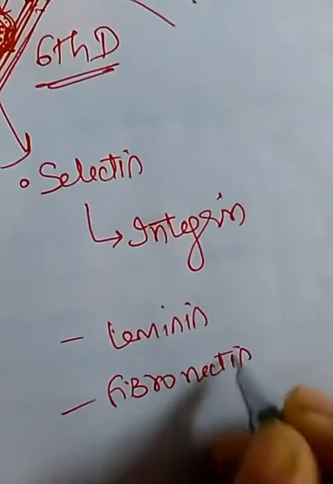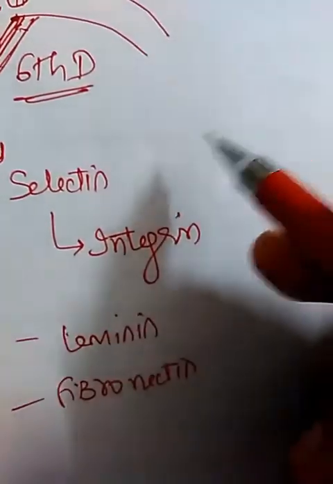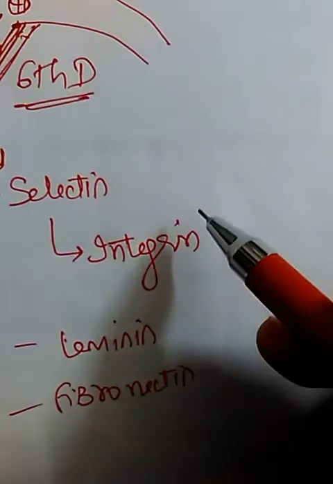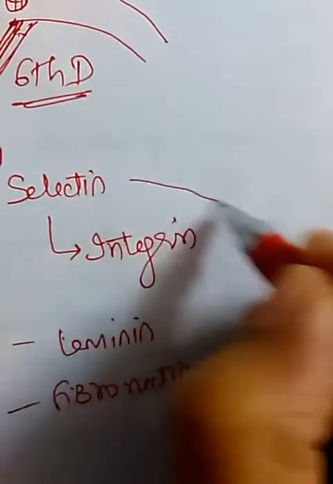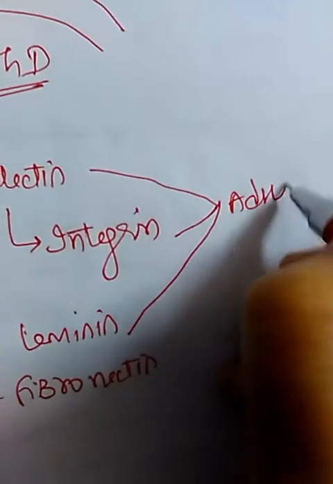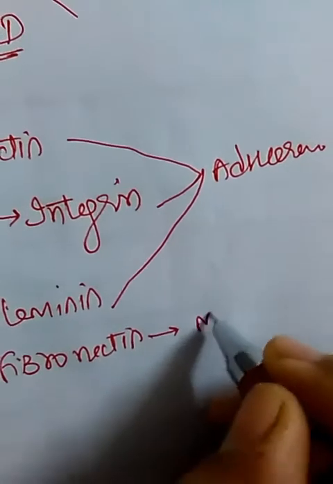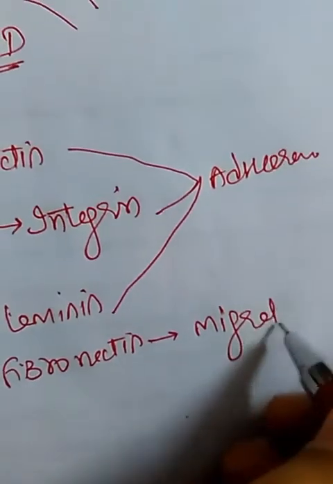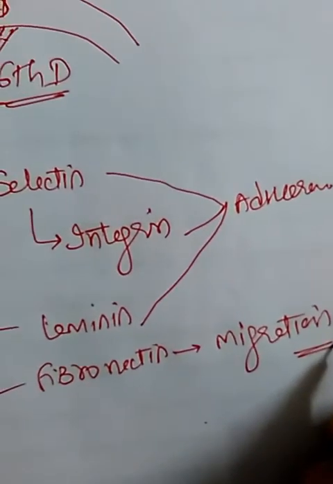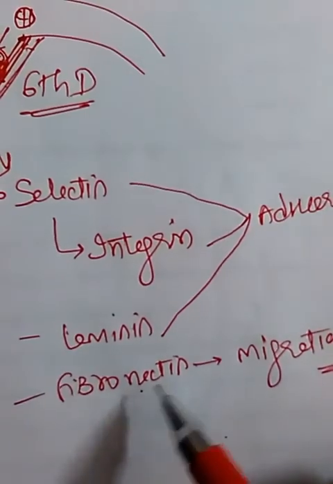These proteins help in invasion and penetration of the blastocyst into the uterine wall. Out of these, the first three help in adherence, and fibronectin helps in more and more migration, that is, more and more invasion. So these four have the main role in implantation.